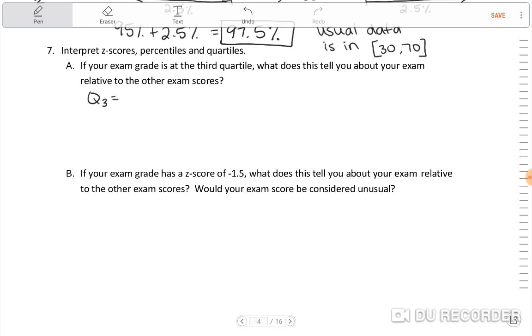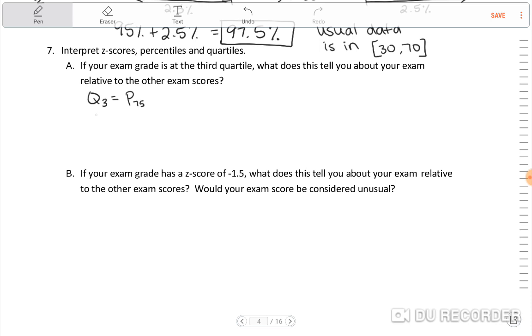In the 3rd quartile, that means 3 out of 4. If you wanted to convert that to a percentage, it would be 75%, 3/4. So the 3rd quartile is the 75th percentile. Remember the definition of a percentile means that 75% of all exams had a score less than or equal to this score.